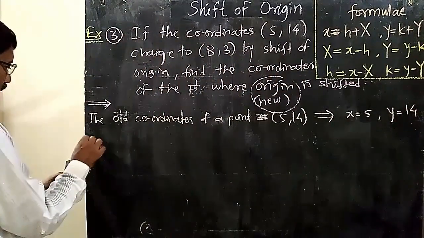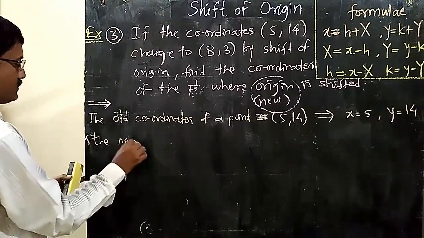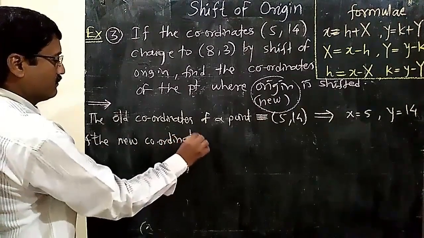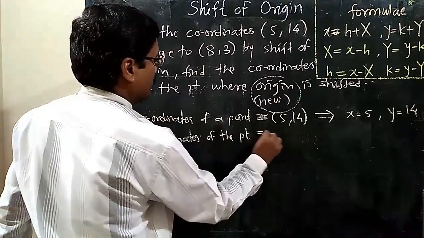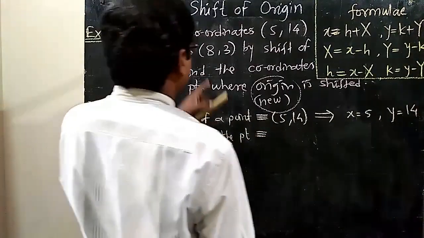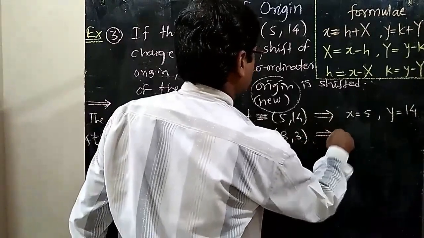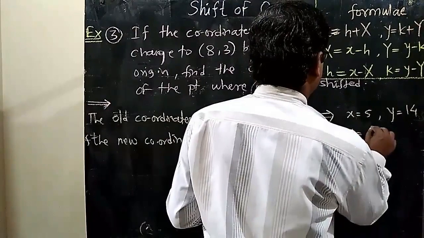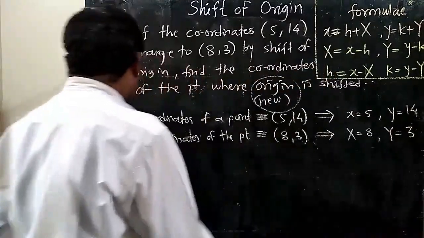And the new coordinates of the point are given 8, 3, which implies capital X is equal to 8 and capital Y is equal to 3.